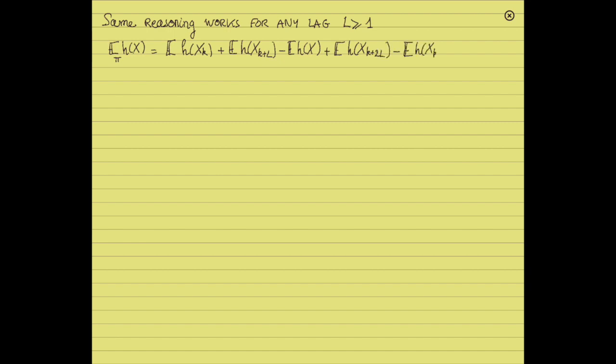And so the unbiased estimator that we can obtain with a lag L starting from index k, we can write it H_k again. It's the function h evaluated at xk, and then we can sum over integers j larger than 1 the difference between x_{t+jL} and y_{t+(j-1)L}. So we do the same reasoning with steps of size L instead of steps of size 1.